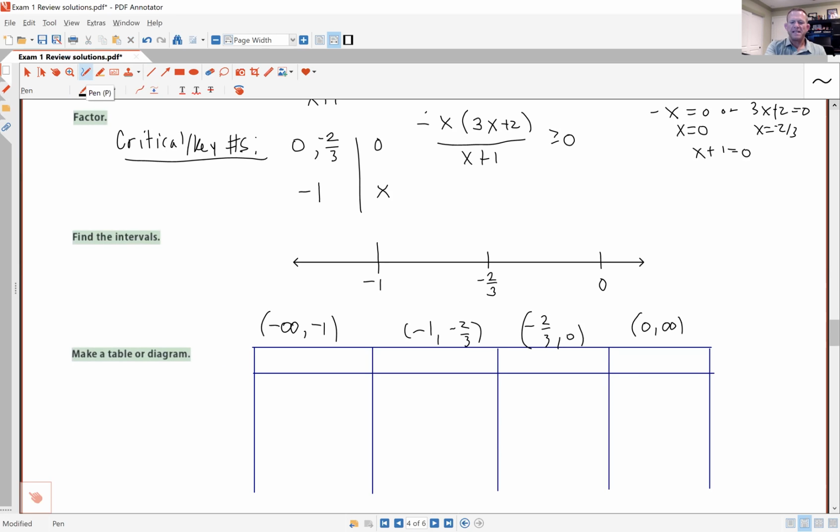From negative infinity to negative 1, a good test point is going to be negative 2. From negative 1 to negative 2/3, I'm thinking of this one as negative 6/6, and thinking of this one as negative 4/6, so a good test point would be negative 5/6. In the interval from negative 2/3 to 0, negative 1/3 will be a good point. And from 0 to infinity, we can use 1.